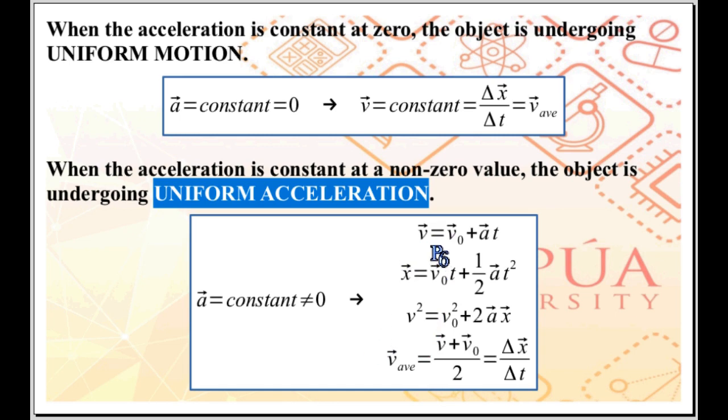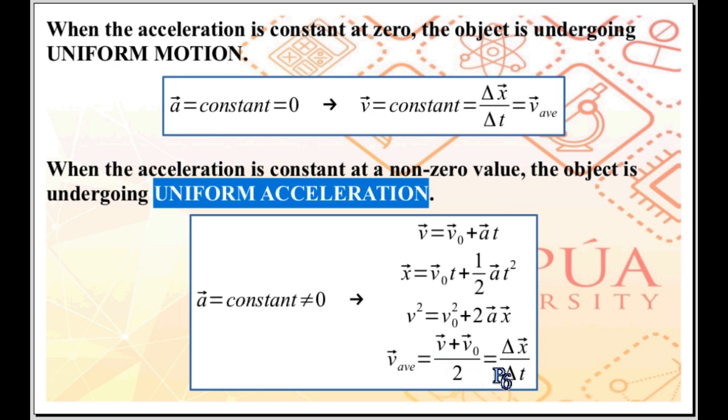Again, we have v is equal to v naught plus at, x is equal to v naught t plus 1/2 at squared, v squared is equal to v naught squared plus 2ax, and v average is equal to v plus v naught divided by 2, the average of the final velocity and the initial velocity.